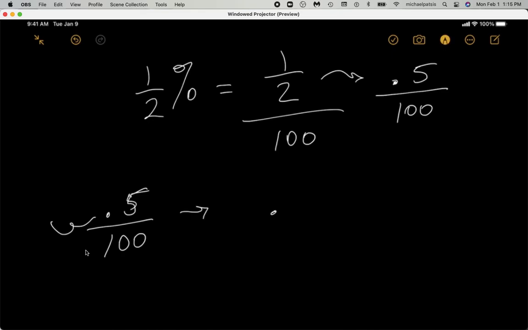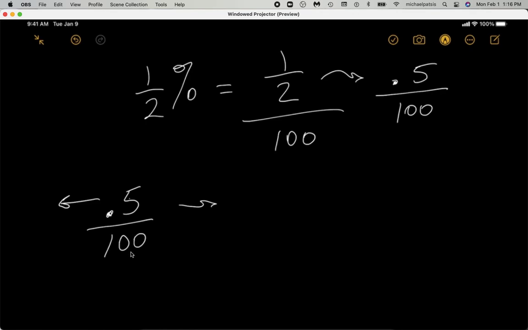Before I do that, because there's nothing here to move it to, I might get confused about where the zeros go. So what I like to do is I go ahead and I put zeros in ahead of time. Okay, so I know I'm going to move this 2 decimal places this way. How do I know I'm going left?